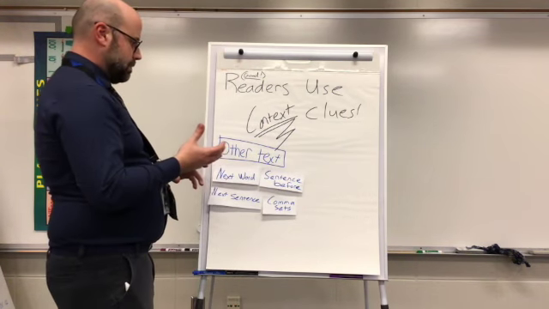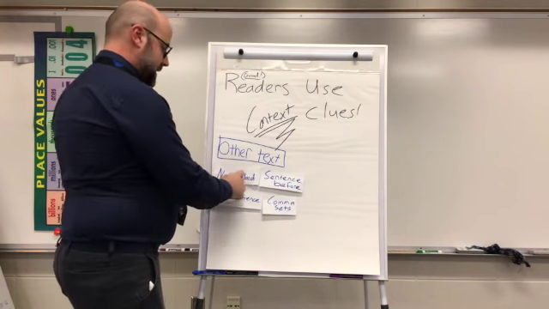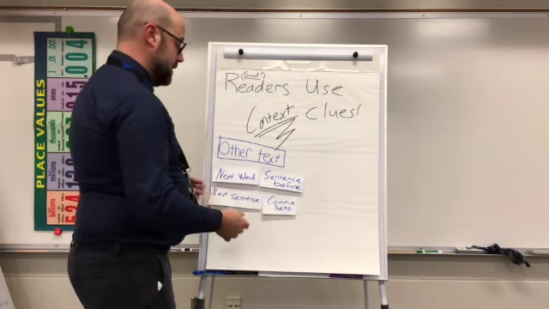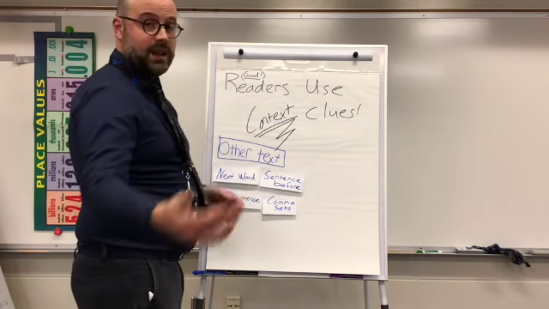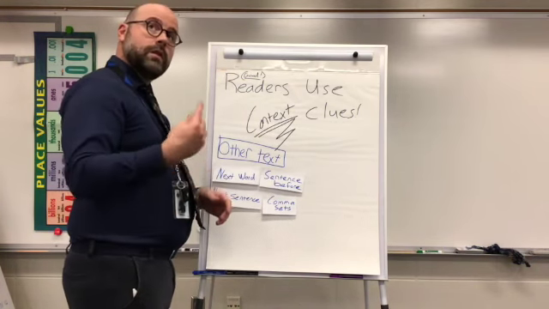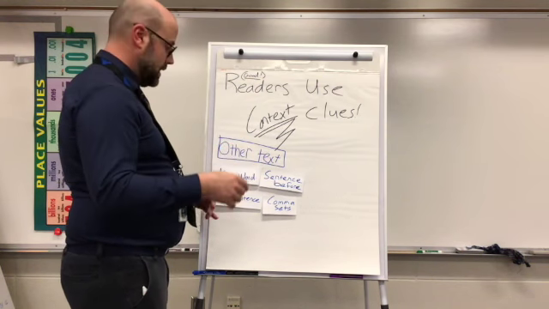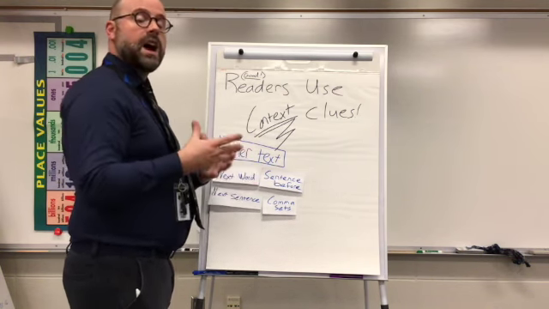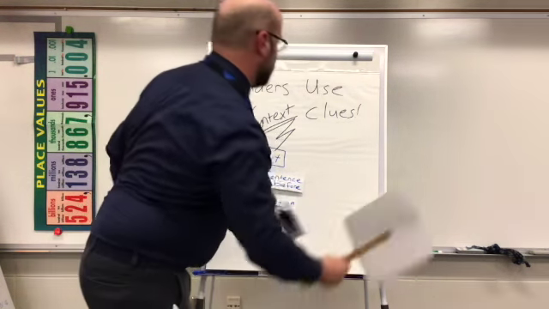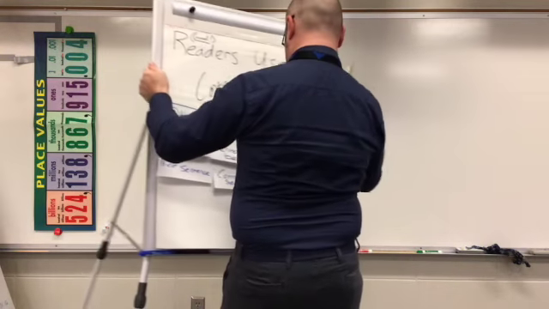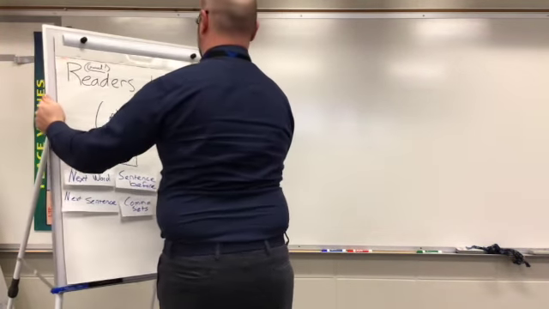So, you're gonna look at other text in the sentence. The next word, maybe that explains it. The sentence beforehand, the next sentence. Or maybe there's a comma set there. And we're gonna look at some examples. I've written some up on the marker here.